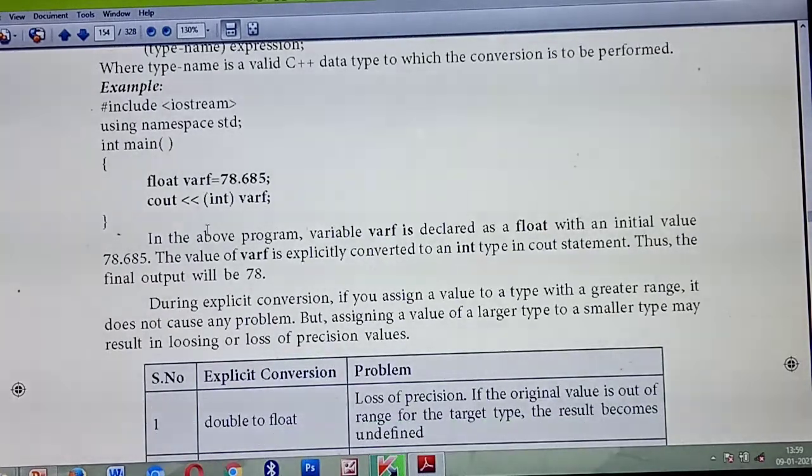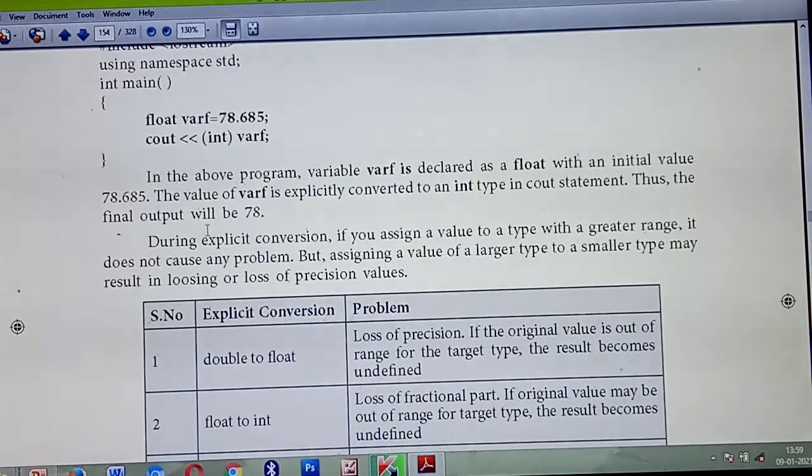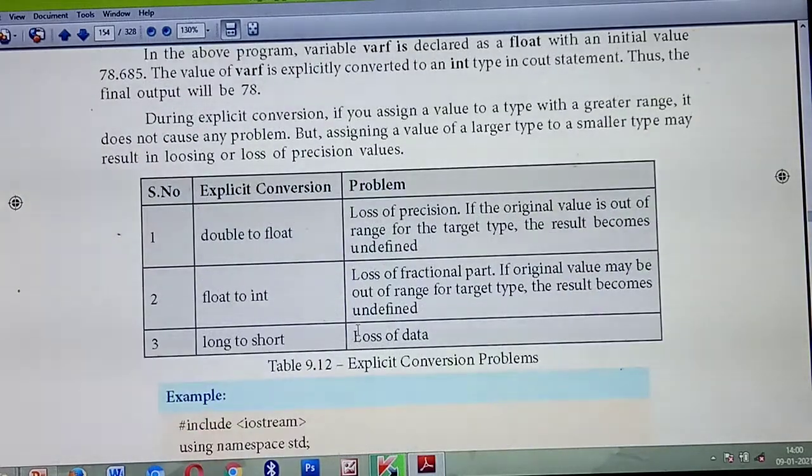But if you convert a larger type to a smaller type, you can lose values. Float is a higher data type, but you are converting float to int, so the values can change. But if you convert a smaller type to a larger type, there is no chance to lose values. Understood?